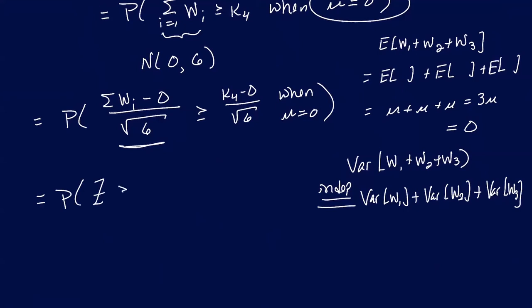And this is greater than or equal to k4 over the square root of 6. And I have kind of used up this information, because if mu wasn't equal to 0, then this would not be properly centered and wouldn't be a standard normal. But it is, and the standard normal distribution does not depend on any unknown parameters. So I've used up this information by going from here to here, where z is a standard normal.